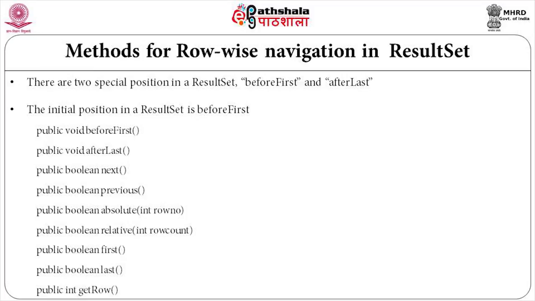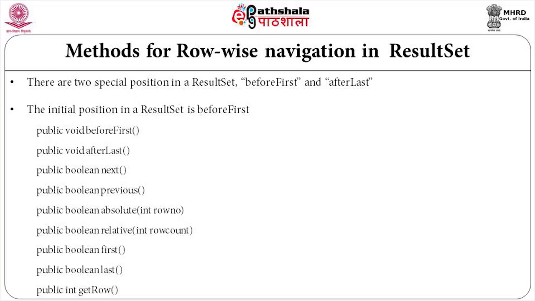What happens if I give a negative value to the absolute method? You can also give a negative value. If I say absolute -3, it takes me to the third row from the last. So negative values take you to a row number from the bottom, in the opposite direction.